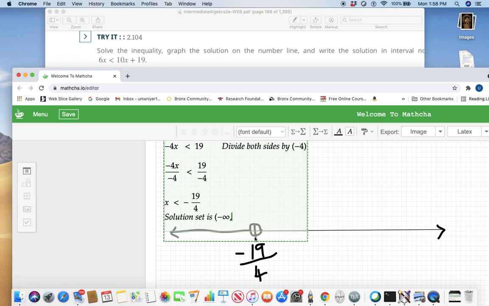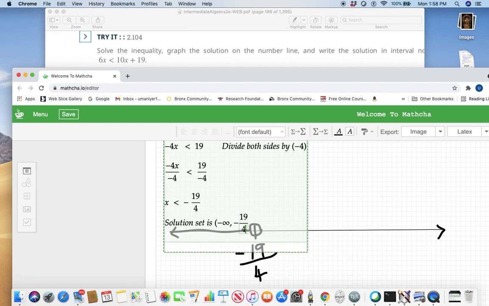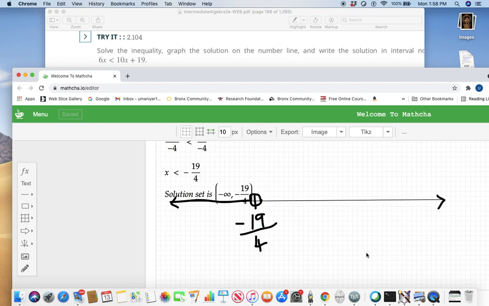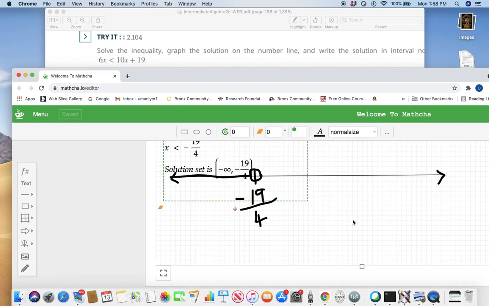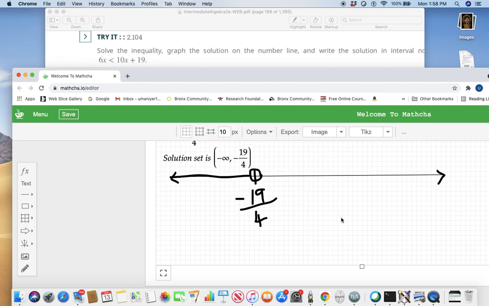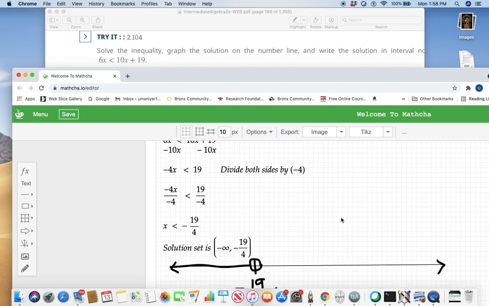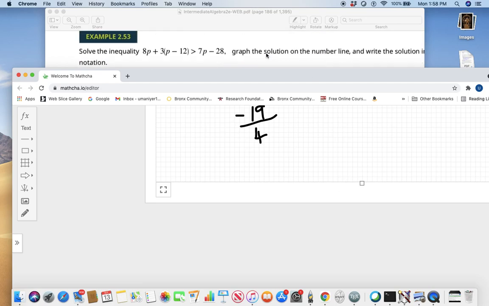On the right is negative 19 over 4. Open, because that's an open point. All right, that's more readable, I hope. We'll continue the next exercise in our next video.